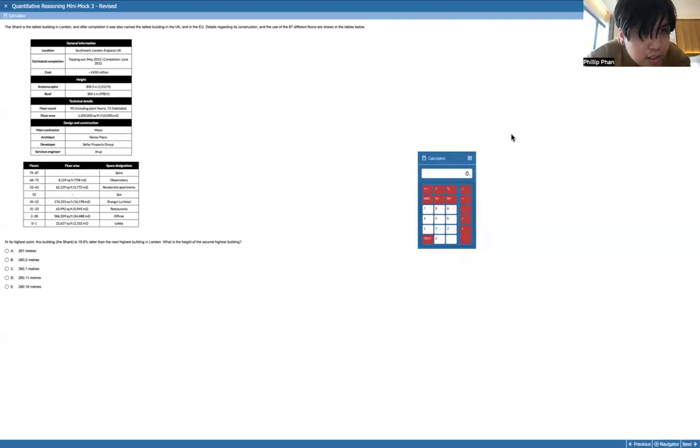Where's the Shard? It's actually 1, 2 meters. Checking my timing. I'm a bit stuck here, but that's okay.